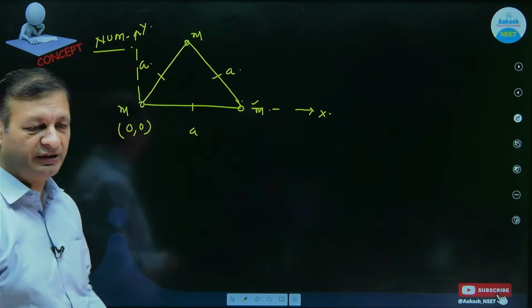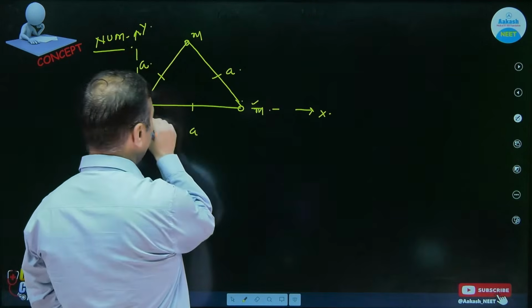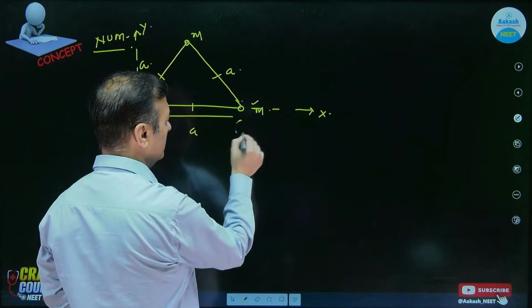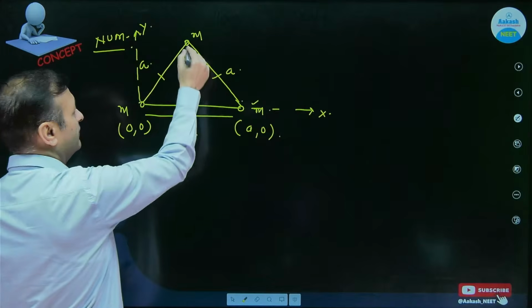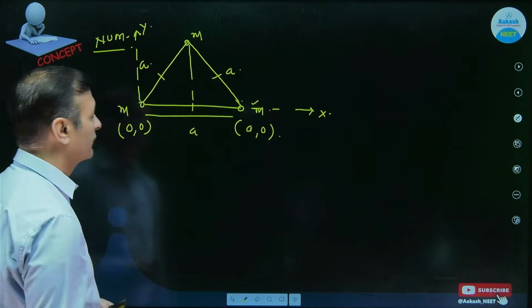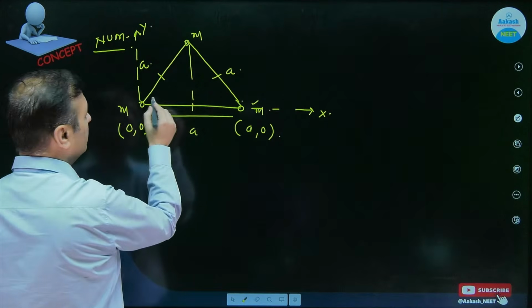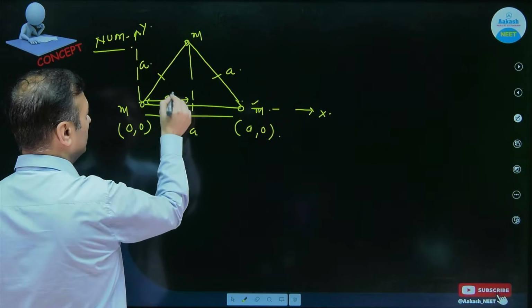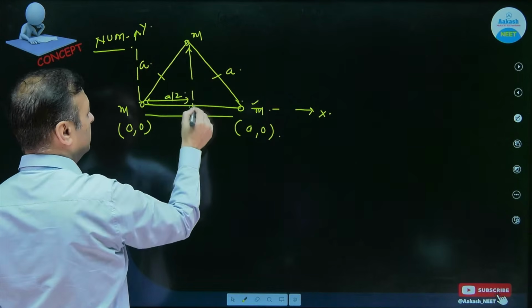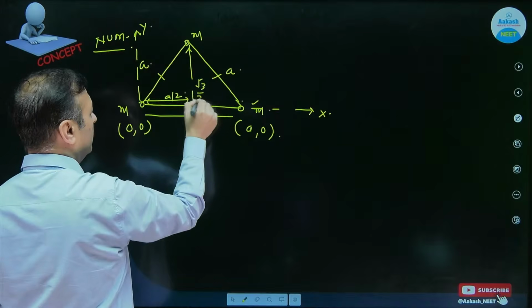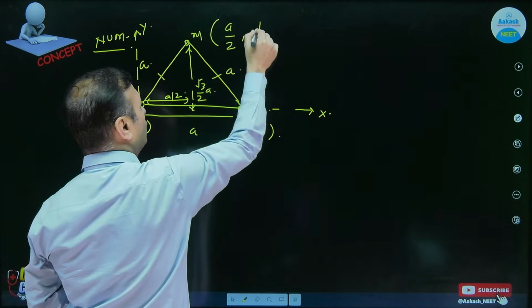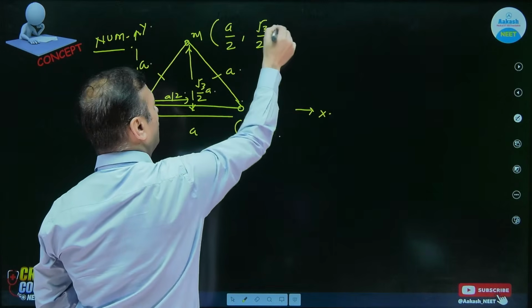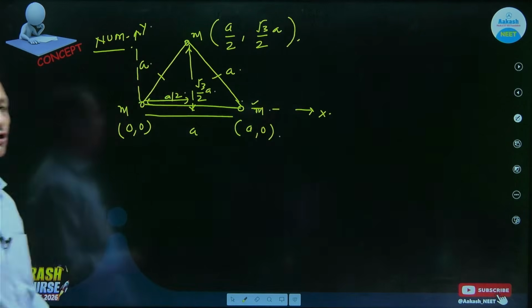So its x coordinate is a and y coordinate is 0. Can you give me the coordinates of this one? Now look at this, because this is an equilateral triangle, so this is a by 2 and this perpendicular is root 3 by 2 a. So its coordinates are a by 2 comma root 3a by 2.